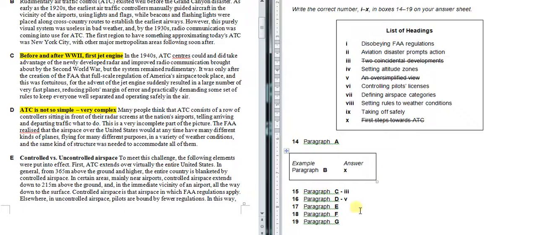So let's set up this as number 4 or number 7, because I think paragraph G is also related to categories or zones. So let's see which one fits the altitude idea best. Okay, so let's wait on that one for a moment. We'll come back to it.